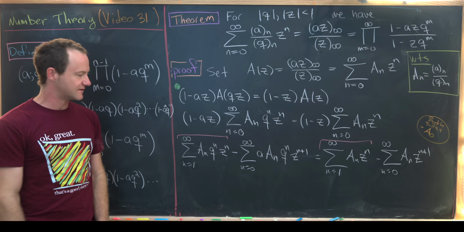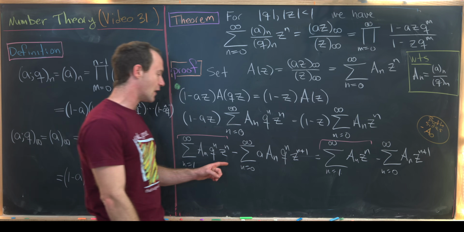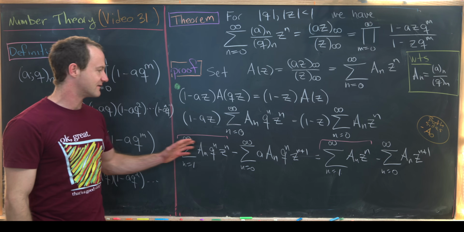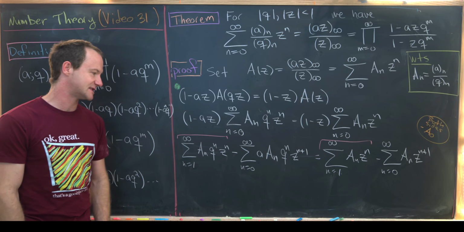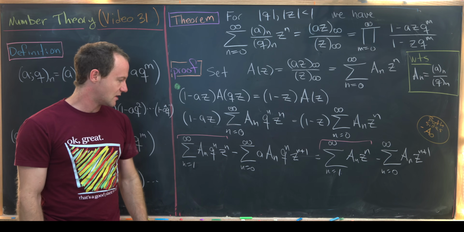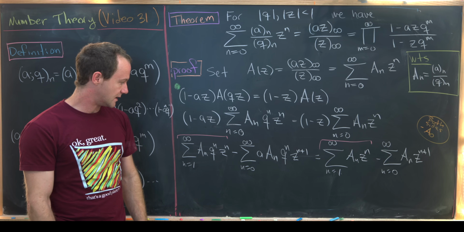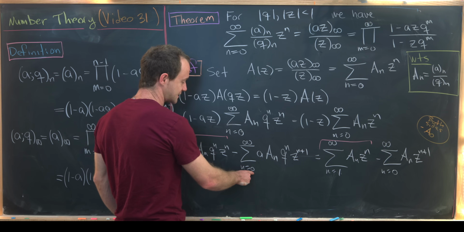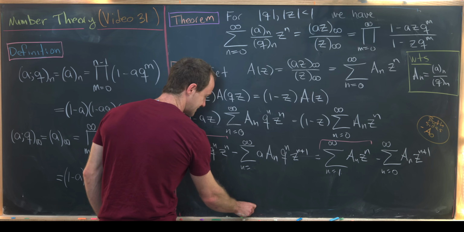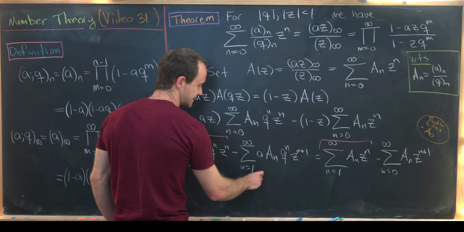But what's the use of that? Well, the use of that is now we can re-index these two sums so that we have the same index and the same exponent of z. So now let's replace n with n minus 1. And now notice when n minus 1 equals 0, that means n equals 1. So that's going to bump this from starting at 0 to starting at 1.